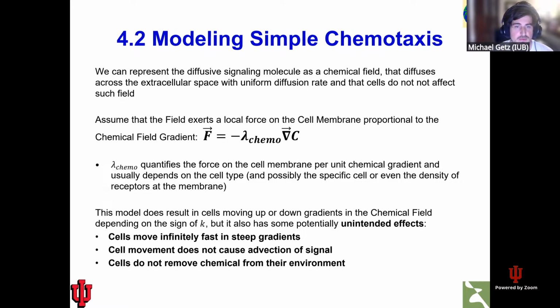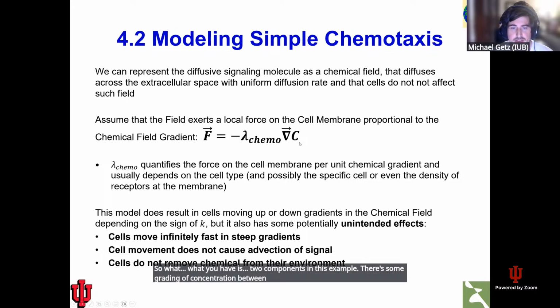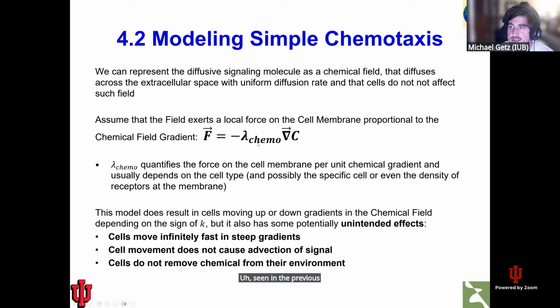So you have two components in this example. There's some gradient of concentration between your source and pixel cell, and your lambda chemo, which is very similar to the lambdas seen in the previous sections. It just tells you the strength that this energy contributes to the total energy functional. And those together, you can start to cause forces.